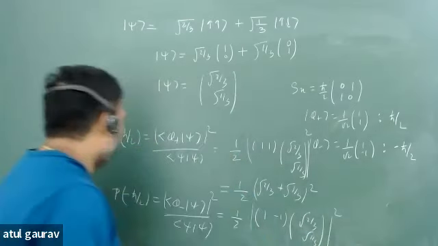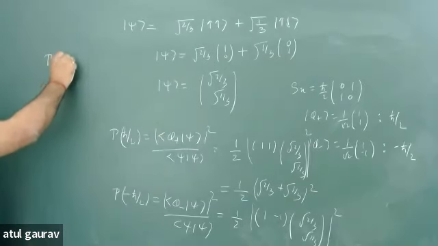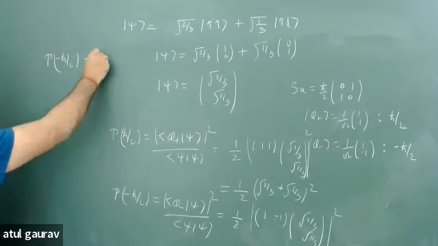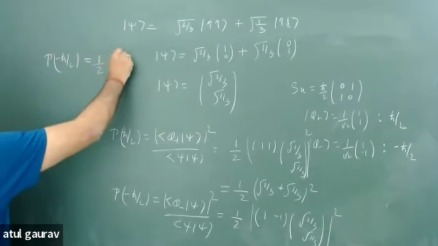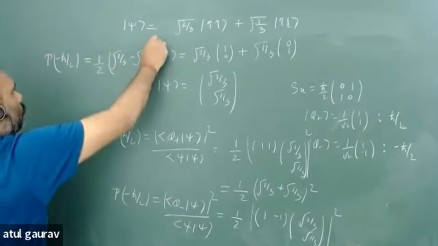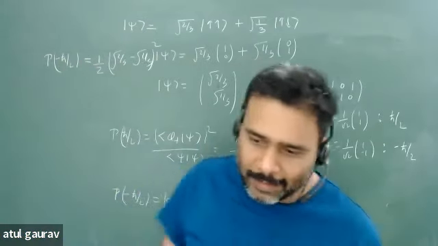I think you will get exactly the same thing, na? And the probability of minus h cut by 2 is basically what? 1 by 2 (root 2 by 3 minus 1 by 3) whole square. Are you getting this thing? Yes, sir. So you are getting the same thing, है ना?